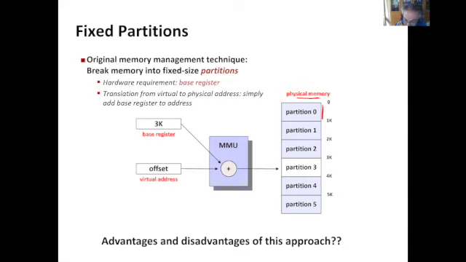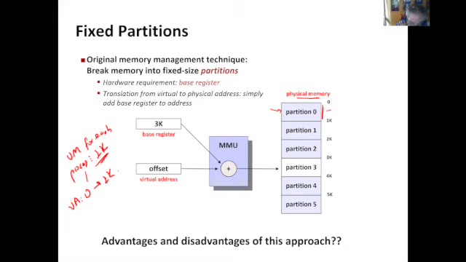In this case we have, say, 1K partitions, and each partition is what a single process can fit in. So the virtual memory for each process is essentially 1K. What this means is your virtual addresses go from 0 to 1K.